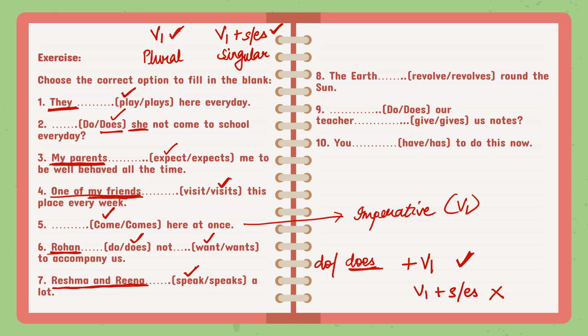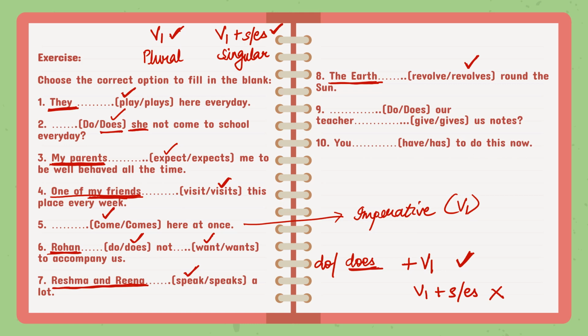Next one is the earth dash around the sun. Subject is singular. So our answer will also be singular verb, which is V1 plus S or ES form. So our answer will be revolves. The earth revolves round the sun.